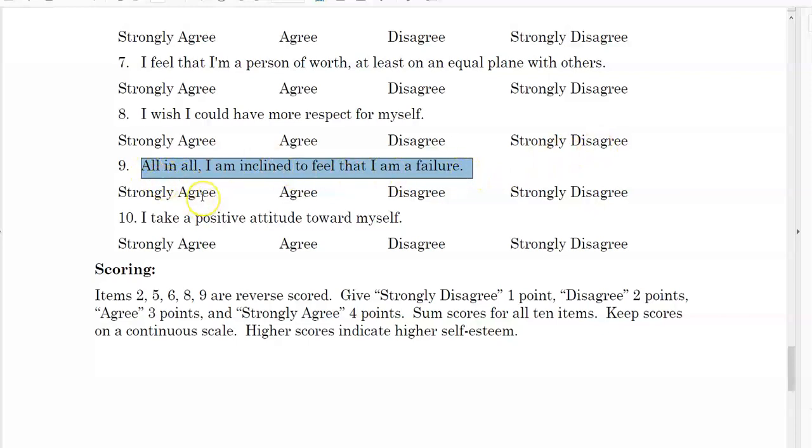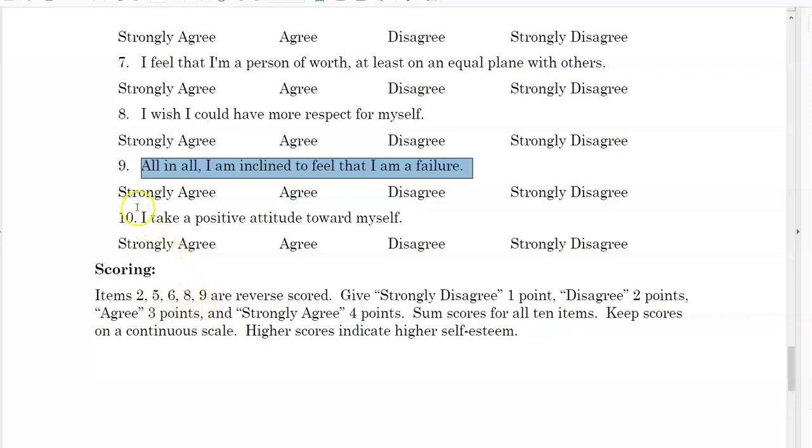Okay? So reverse scoring means that you are actually turning it into a positive item. Why? Because the other items, except these 5, are positively formulated.